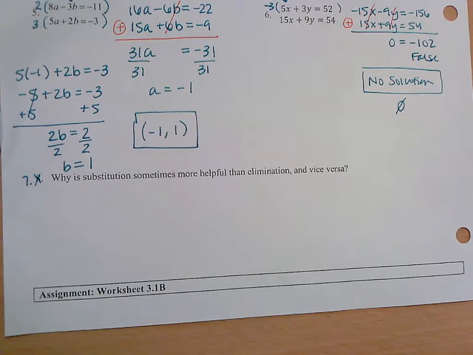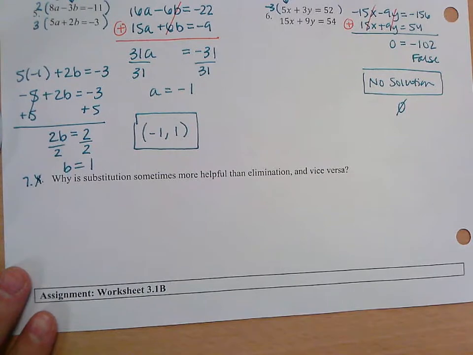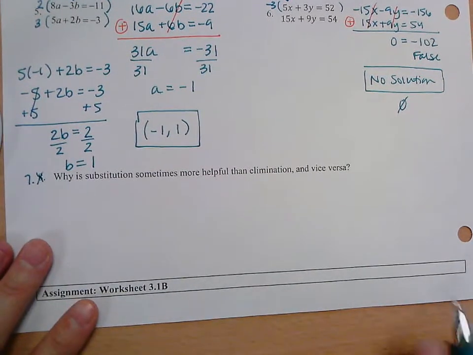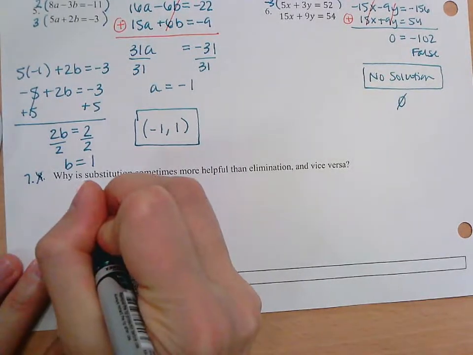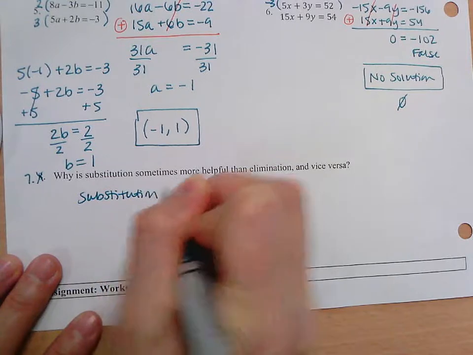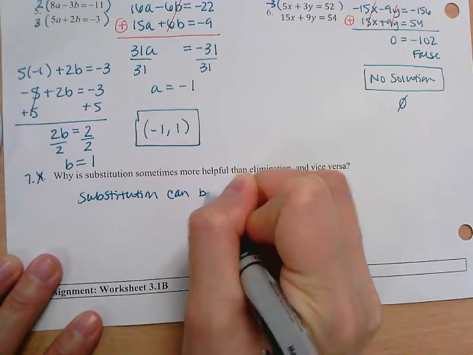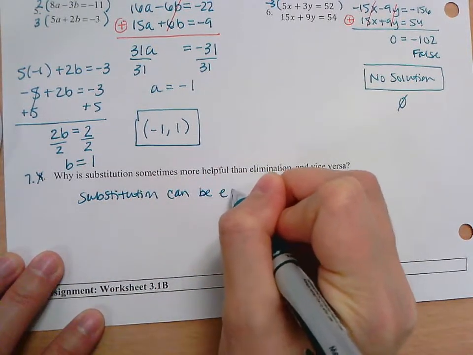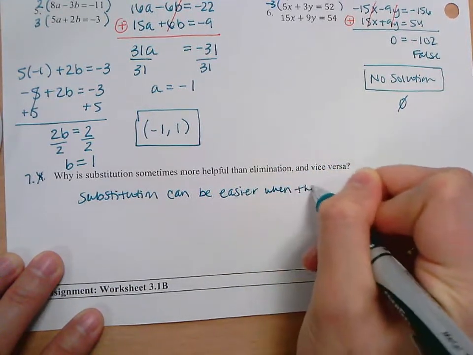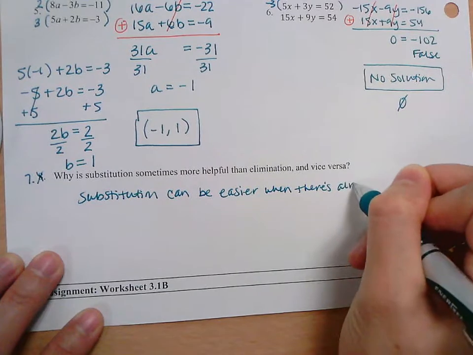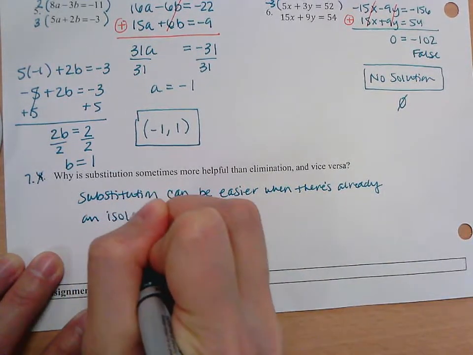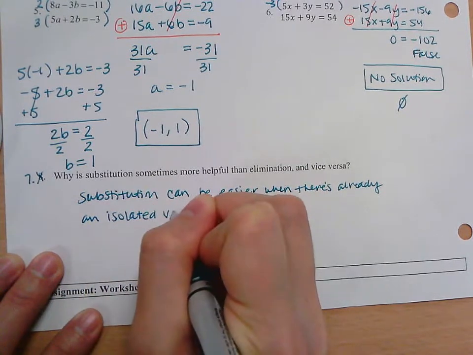Okay, yeah, so substitution, if you already had a lone variable, a variable that's isolated, that could be more helpful than elimination. So I'll say substitution can be easier when there's already an isolated variable.